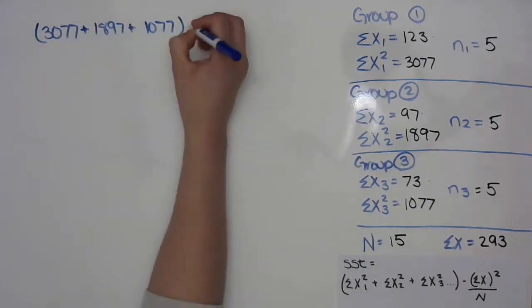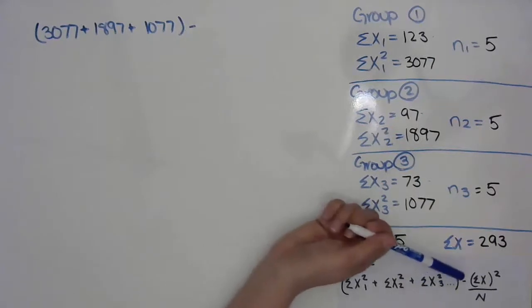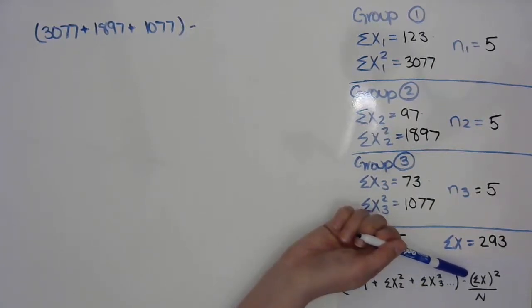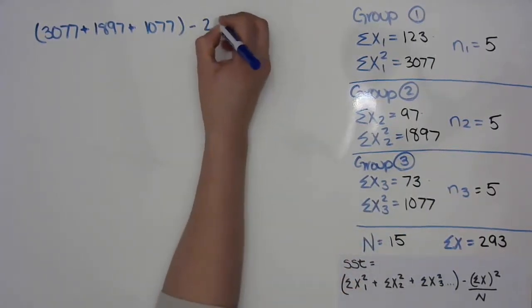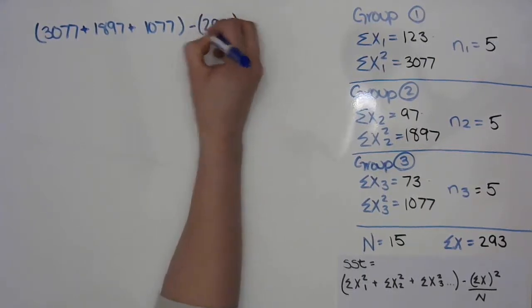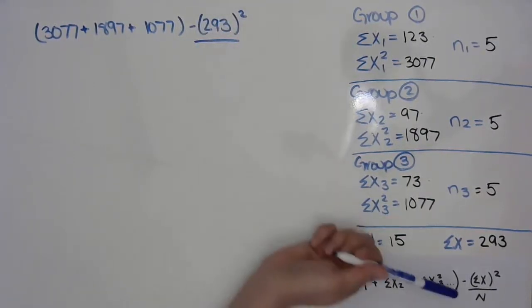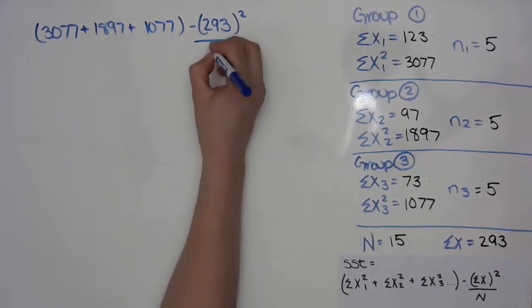Then we are going to subtract the sum of all of the raw scores, which is 293, squared, and put that over our N value of 15.